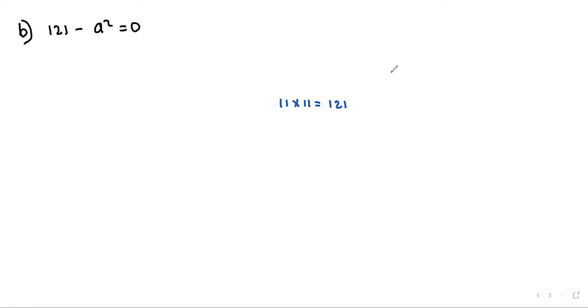Okay. So 121, we write it as 11 squared. Then we already have a squared equals 0. So we say that 11 plus a into 11 minus a equals 0.